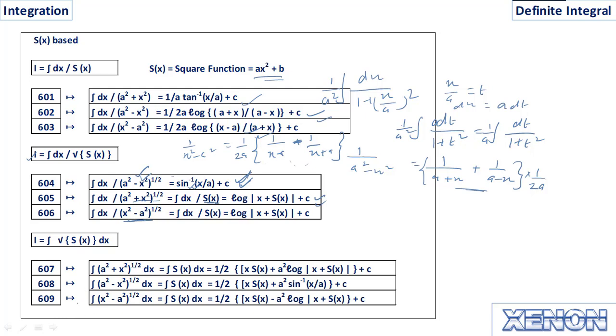So the integration of square root of a square plus x square dx, when we convert this equation to integration of square root of sx into dx, we will get the integration as 1 upon 2 x into sx plus a square log mod x plus sx plus c.